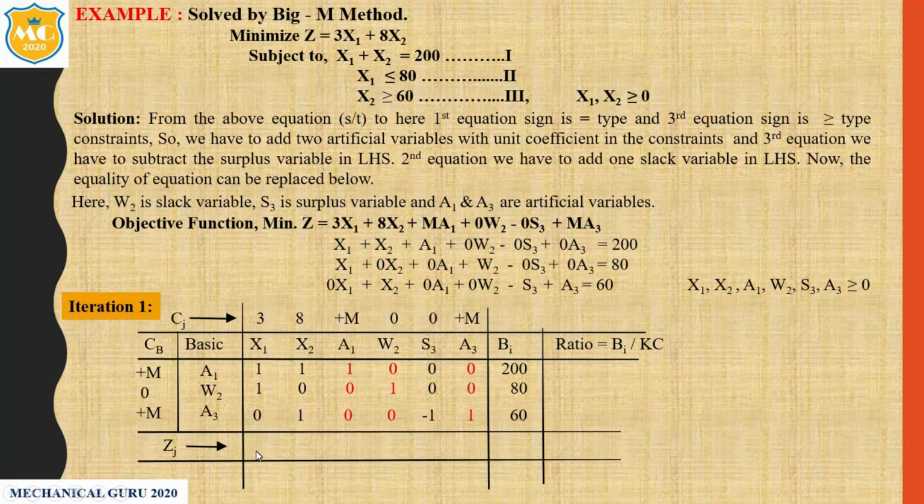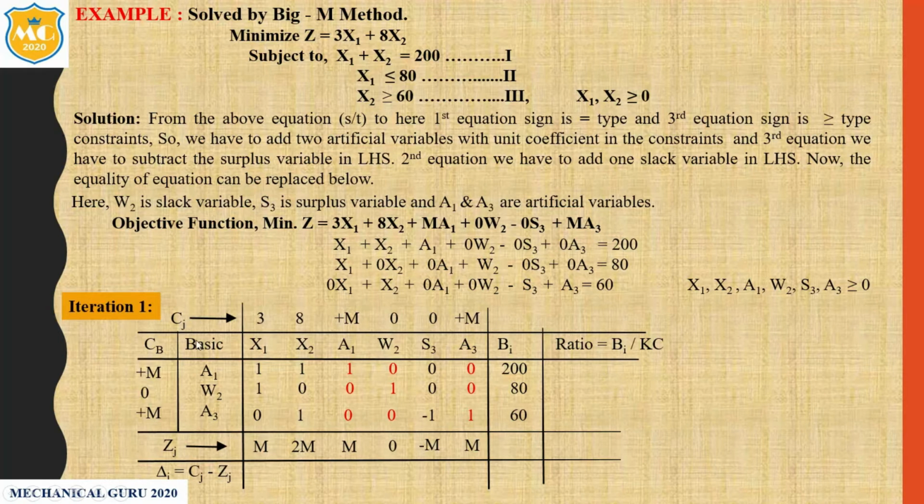So here the value is plus m. Again here plus 2m. Here m. Here 0. Here minus m. And here again m. Now next we have to find the delta j value, that is Cj minus Zj.